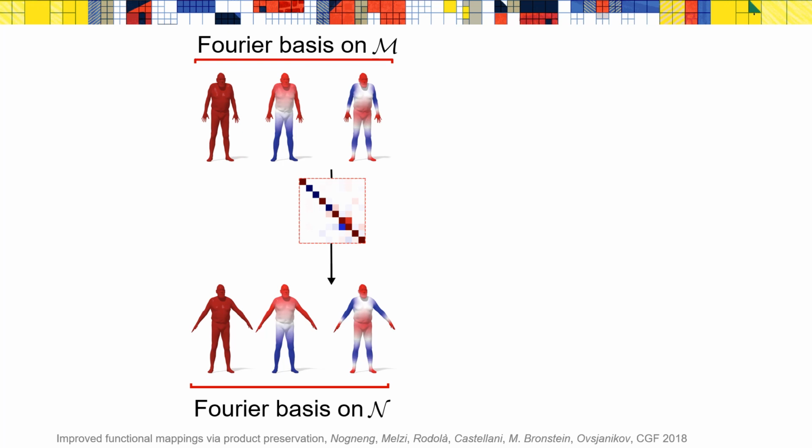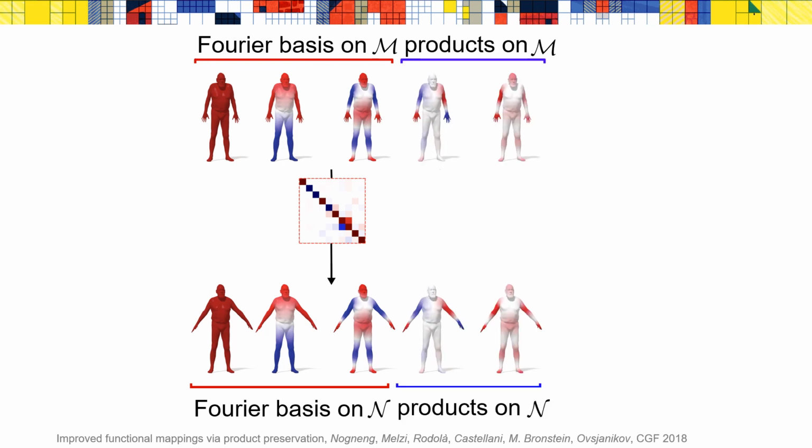And the new functional map C tilde is a functional map that is able also to transfer the product of the Fourier basis. Here we visualize a couple of products of the eigenfunctions on the left, and you can see that the new functional map C tilde is a larger functional map that contains the original functional map C, but is extended to work also with the product of the original eigenfunctions.